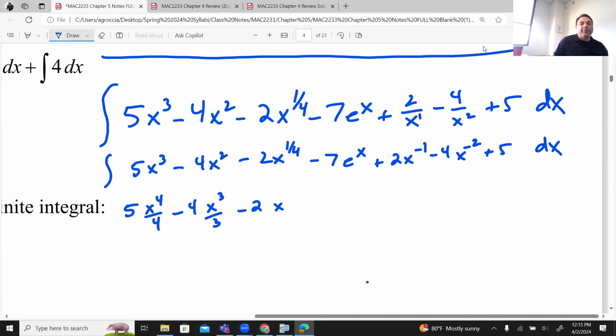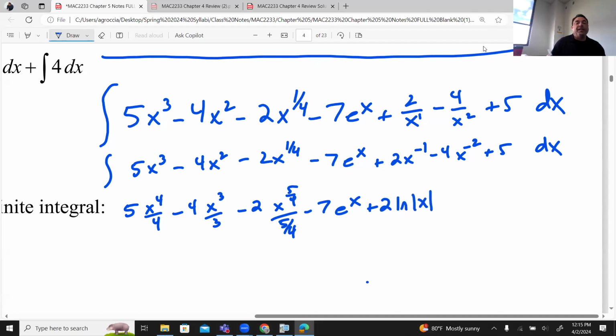Now, if you're struggling with that, that would be 5/4 over 5/4, right? 1.25 is fine, however you want to do it. Then the 7 stays in front. There's your first special case. What's the integral of e to the x? e to the x. Then the 2 stays in front. What's the integral of x to the -1?